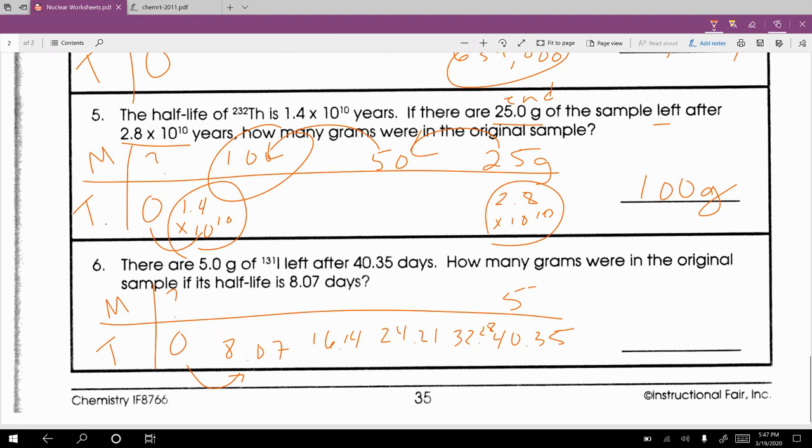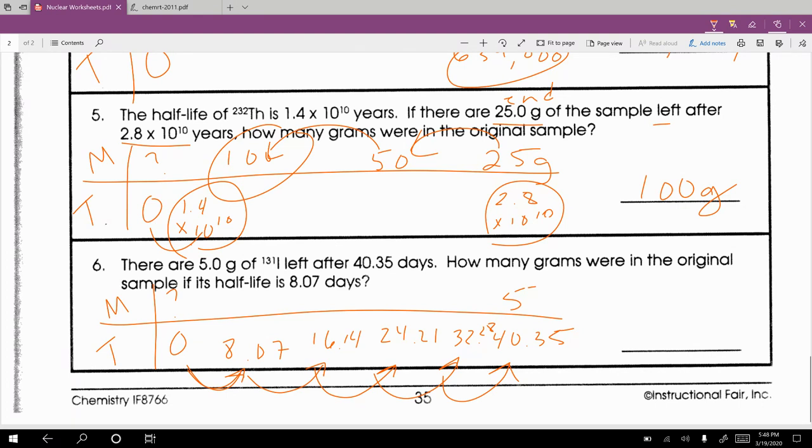Nope. I add one more 8.07, and that brings me to 40.35. Now I have to figure out how many times I'm going to go backwards. That's 1, 2, 3, 4, 5 half-lives.